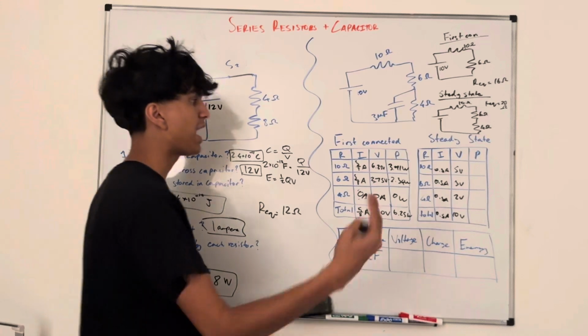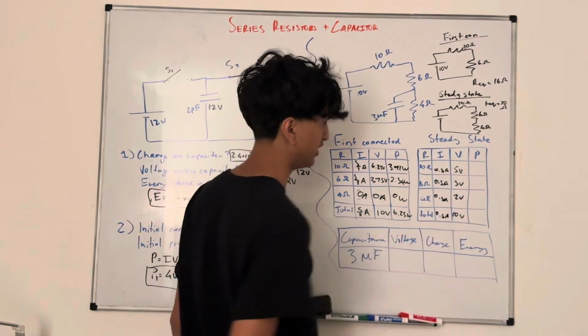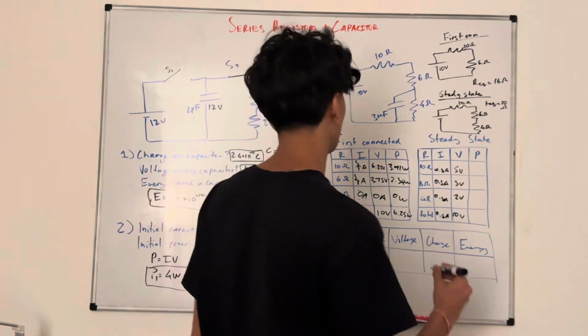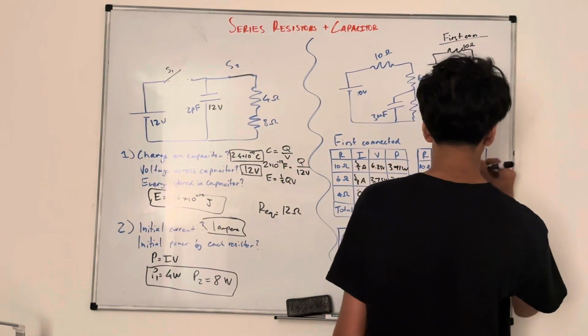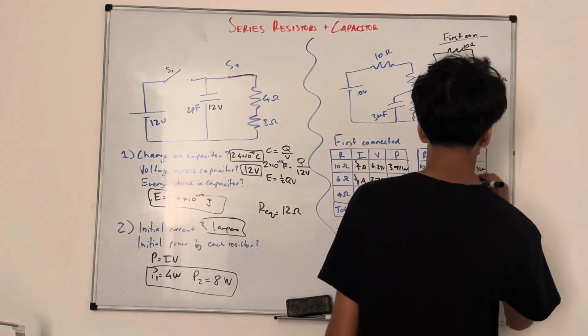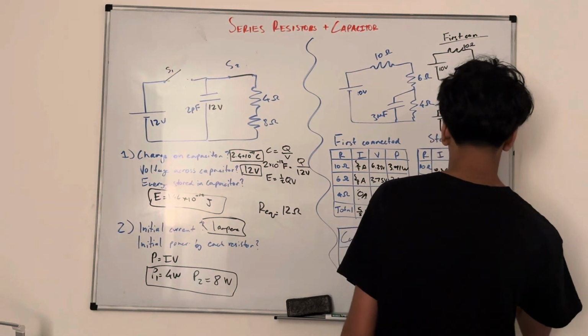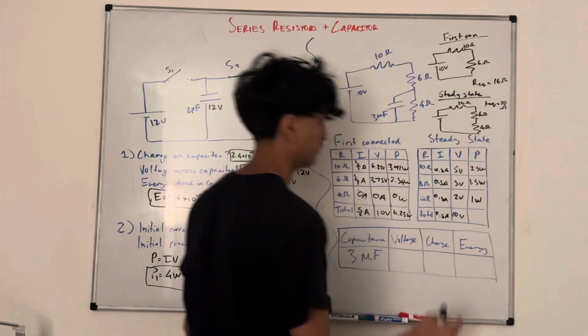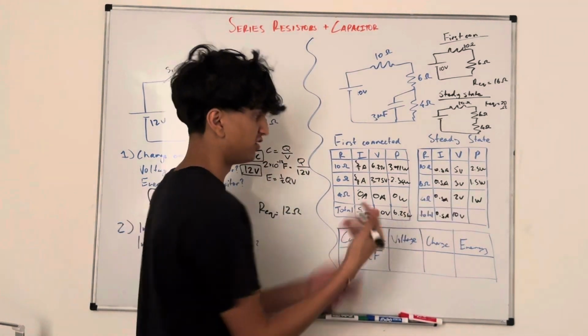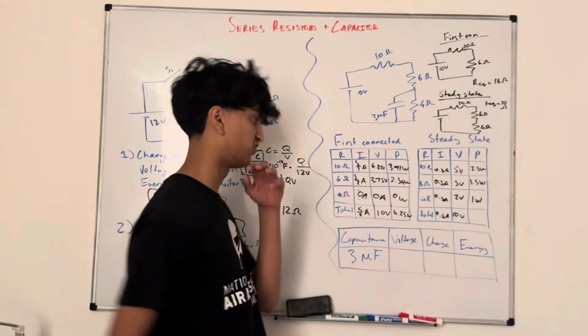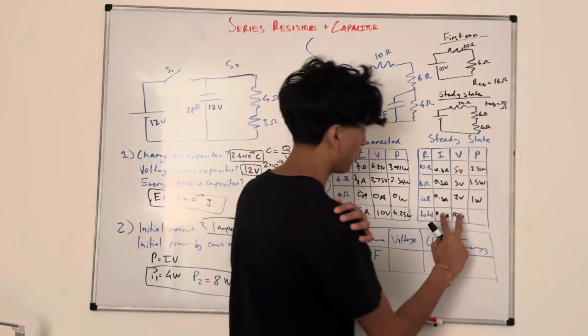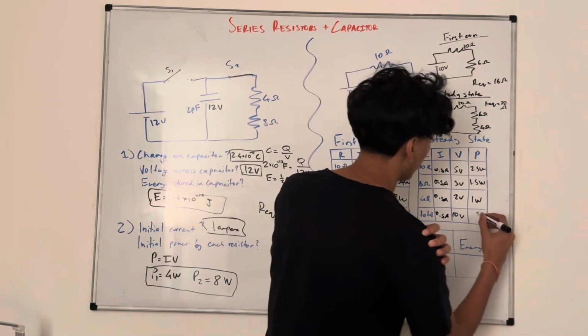And then now the power, I multiply I times V. So 5 times 0.5 is 2.5 watts, and then 1.5 watts, and then 1 watt. So I'm literally just taking the voltage and dividing it by 2 or multiplying by 0.5. And then for the power of the whole thing, 0.5 times 10, that's 5 watts.